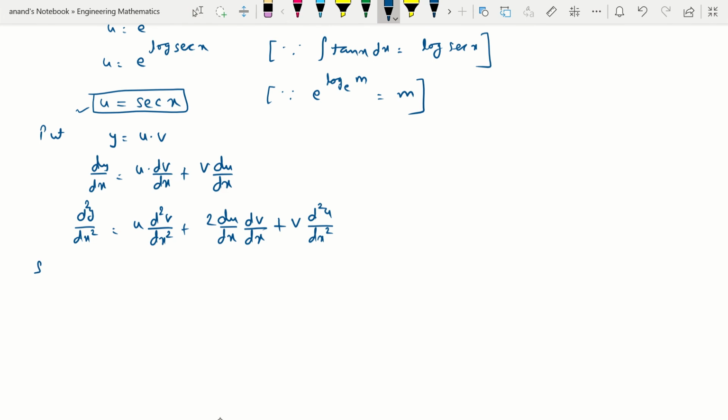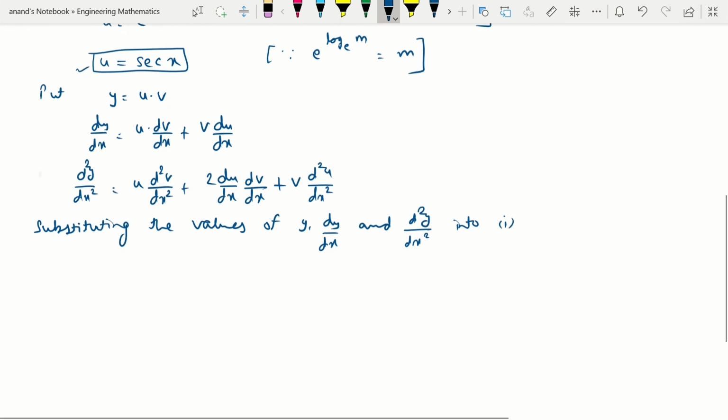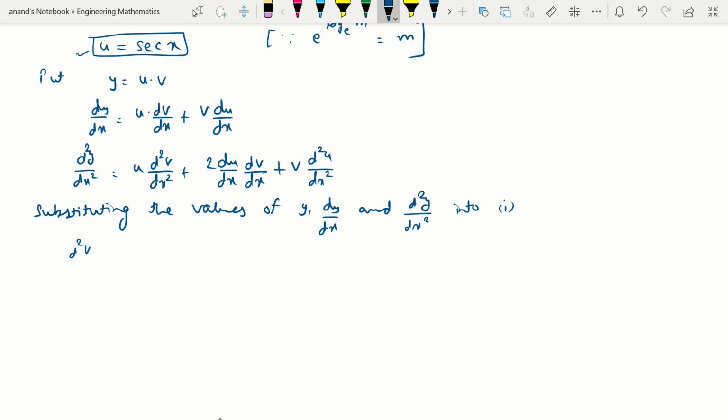So substituting the values of y, dy by dx and d2y by dx2 into the first equation, we get d2v by dx2 plus x into v equals y.